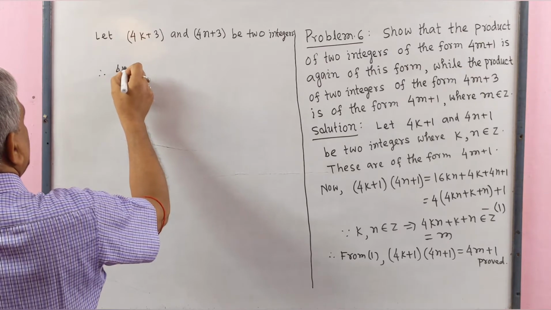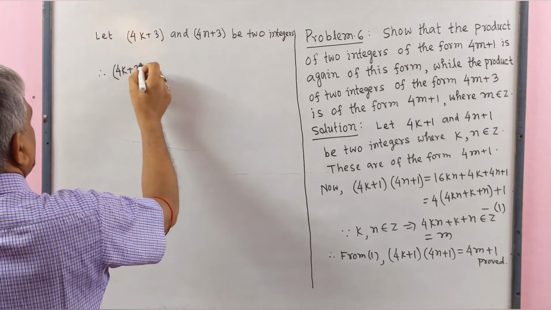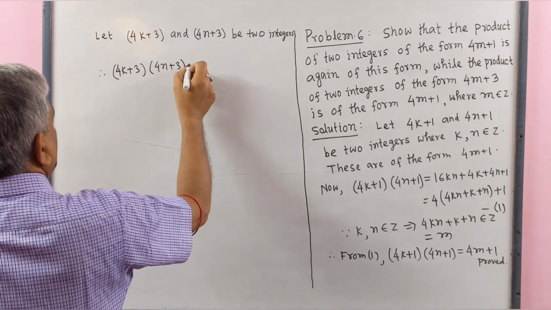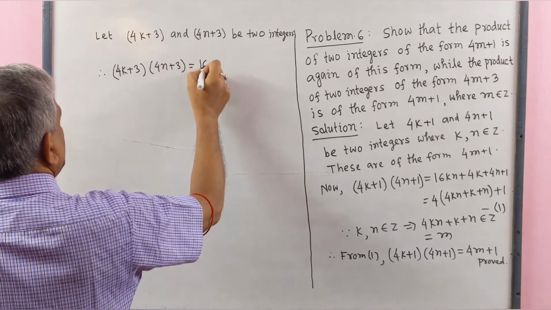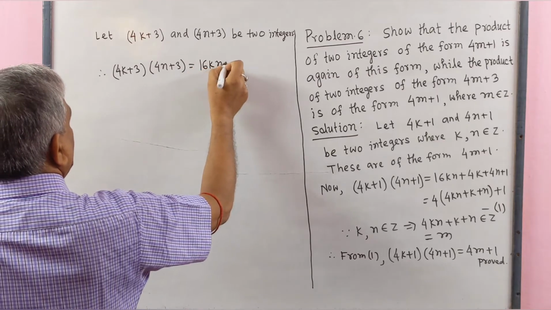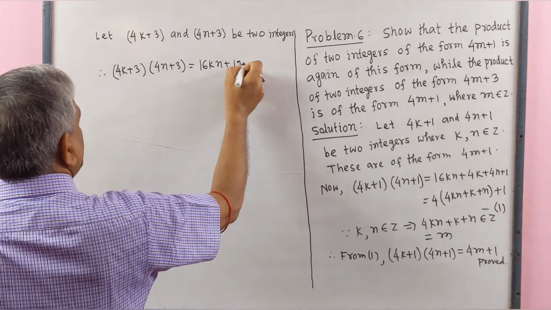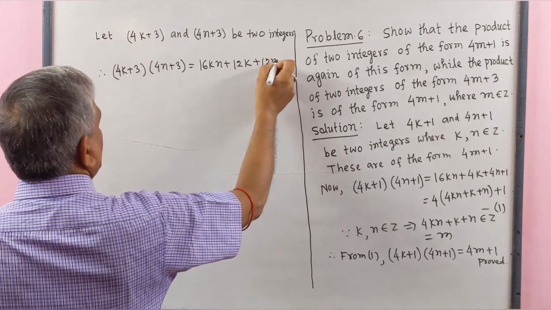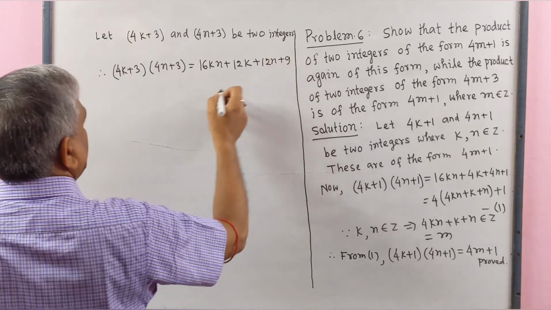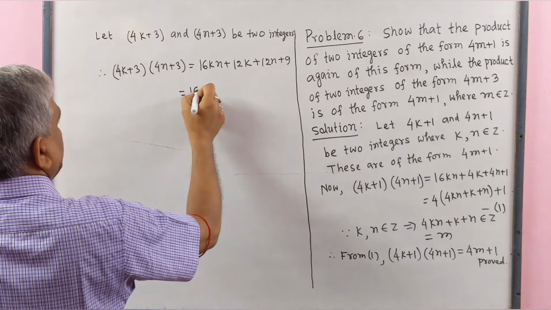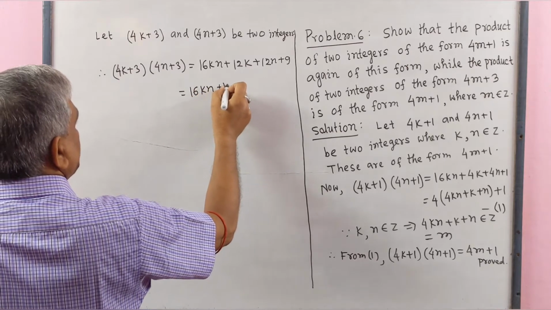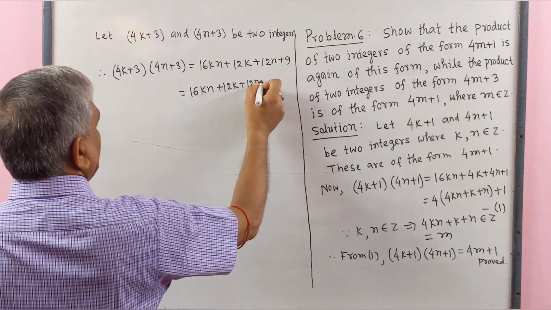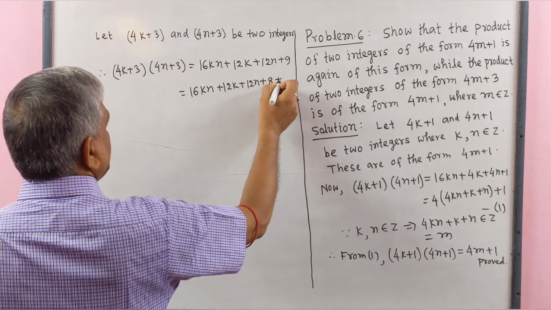Therefore, 4k plus 3 multiply 4n plus 3 equal to 16kn plus 12k plus 12n plus 9. This equal to 16kn plus 12k plus 12n plus 8 plus 1.